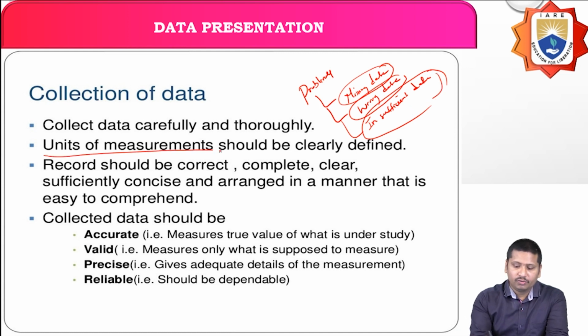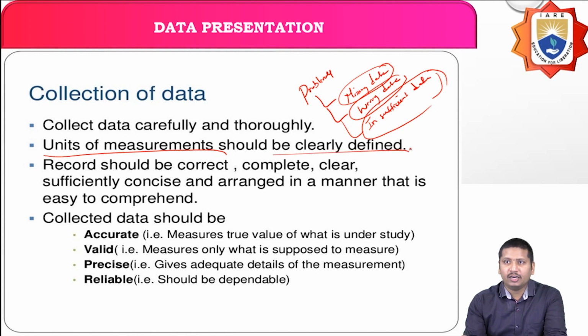And the units of measurement should also be defined very clearly. Suppose a person's height is measured in kgs and weight in centimeters, it would be entirely wrong, right? So this type of error should not come.